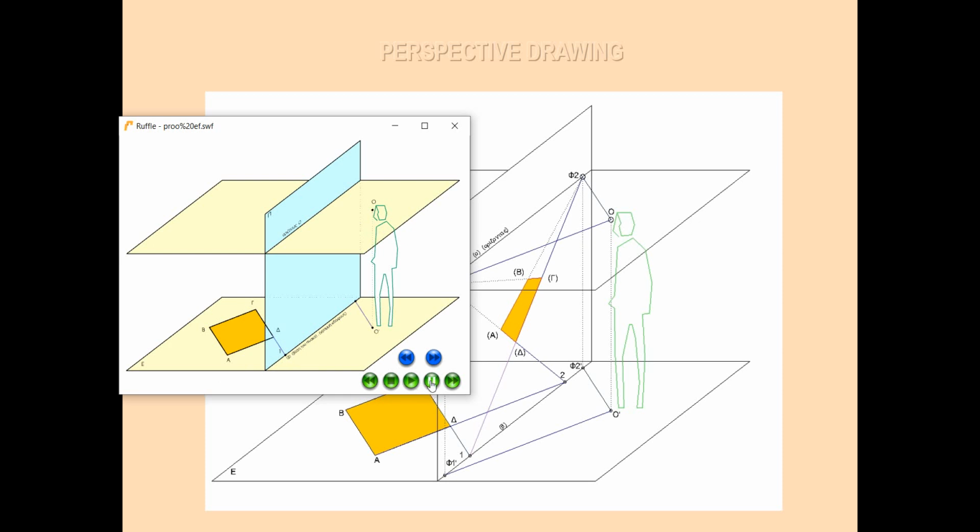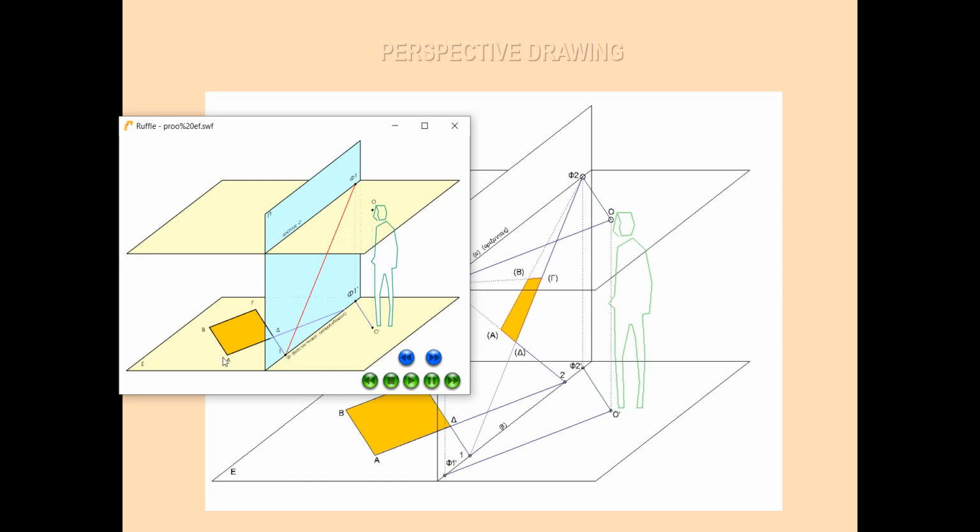And we will find on the baseline the projection of the vanishing point. From this point, we can draw the vertical line, a perpendicular line to the horizon line, and we can find here the vanishing point that we will join with point 1. So we have the perspective image of this side.